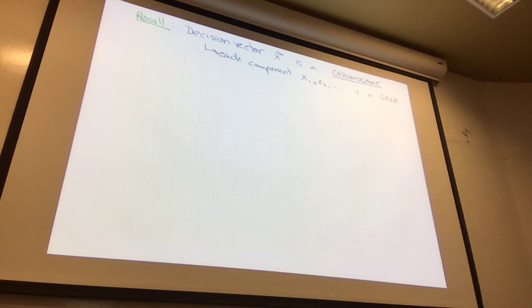So genes are just locations along these chromosomes. So we might have N genes, and that would mean that our decision vector maybe comes from R^n. And so each component we might also call a decision variable.